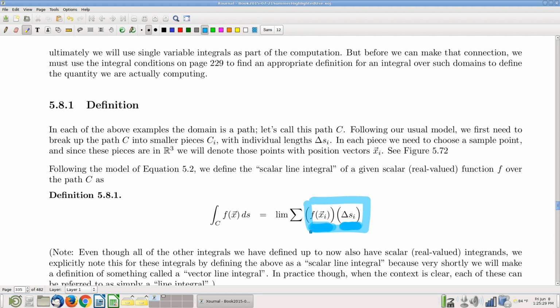Right? In this new weird situation that we're dealing with, this is the corresponding idea of the Riemann sum that we talked about back in section 1 of this chapter. Okay, so this is the notation we're going to use to represent it. It's pretty believable notation. This is just ds.